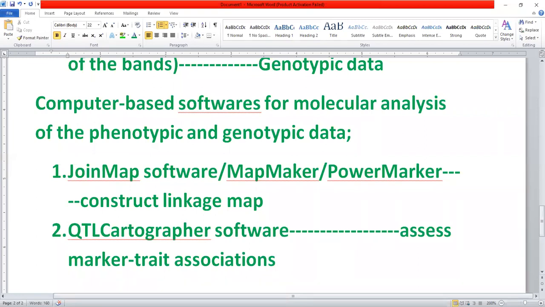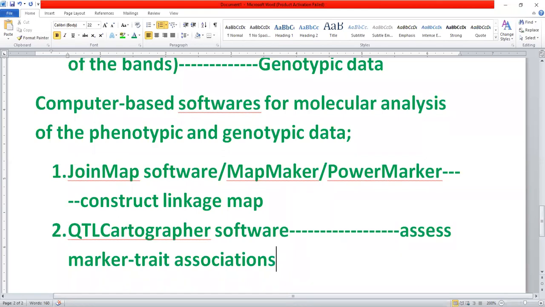So the QTL Cartographer software is used to assess marker trait associations. This analysis tells us which SSR marker is associated with the plant height.